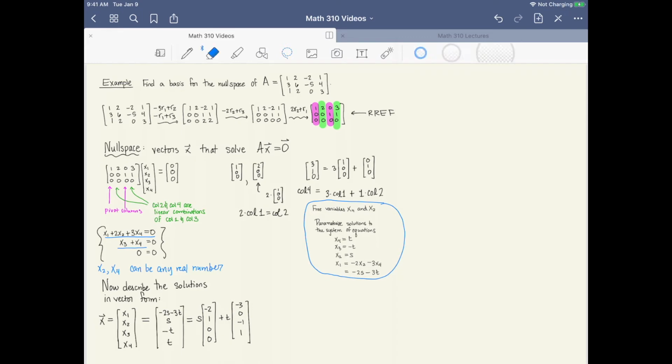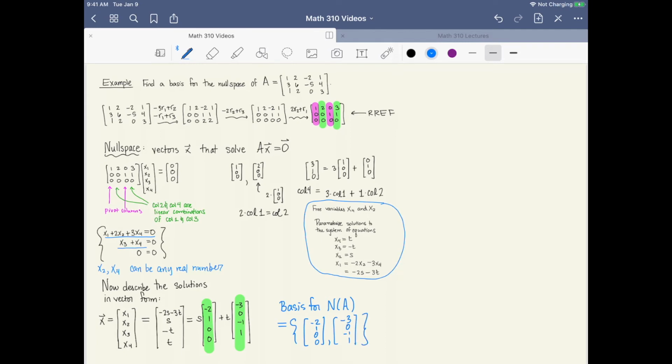And now these two vectors that show up here, minus 2, 1, 0, 0 and minus 3, 0, minus 1, 1, these two vectors form the basis for the null space. So my basis for the null space of the matrix A that I started out with has two vectors in it, and it's these two, minus 2, 1, 0, 0, and minus 3, 0, minus 1, 1.